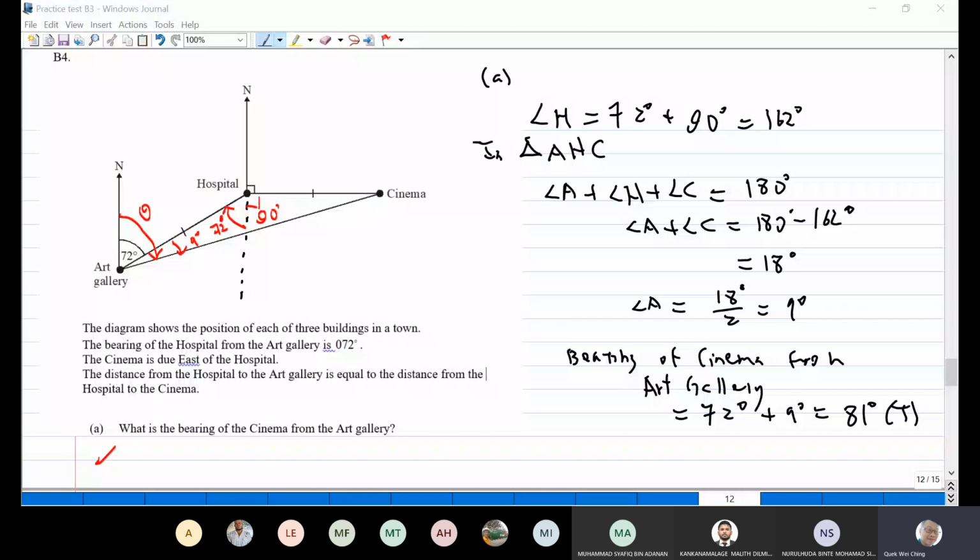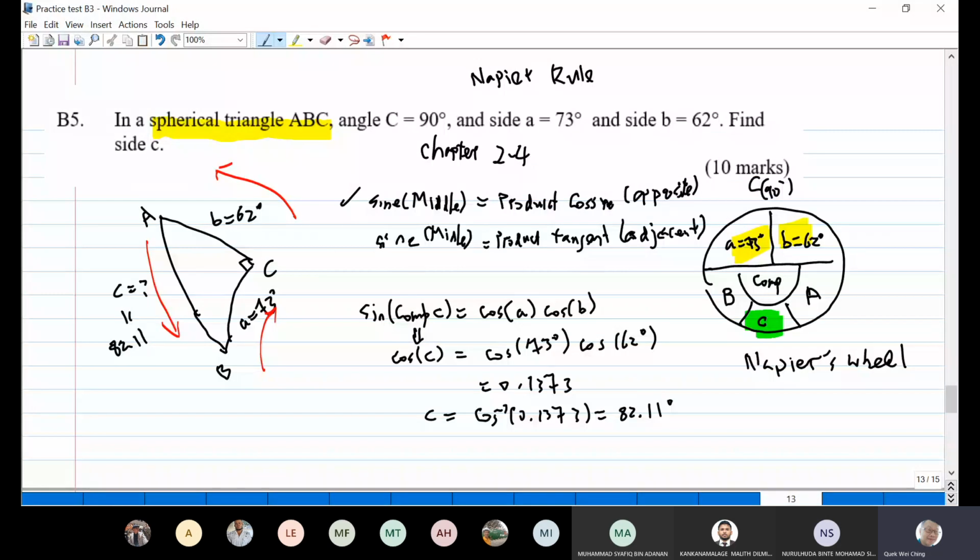Okay, so I move on to the next question, B5. I changed B5 also because I want to show you how to do Napier's rule.